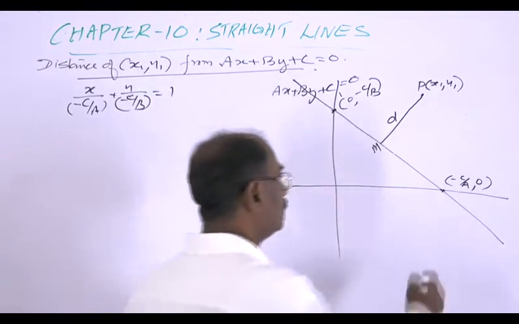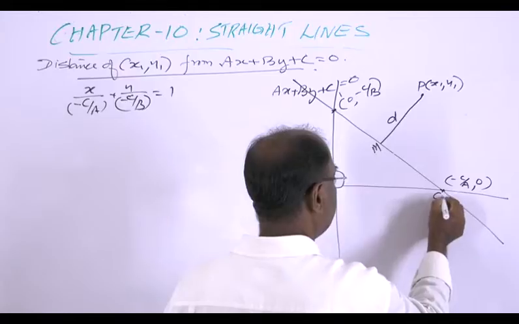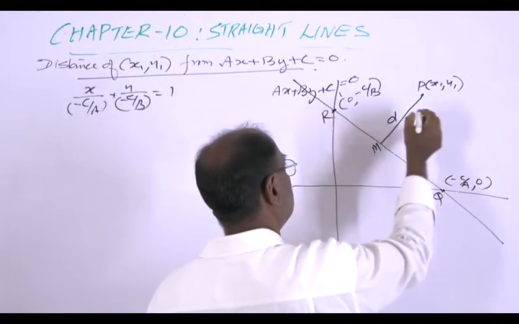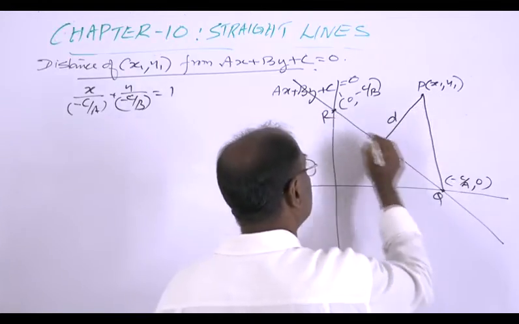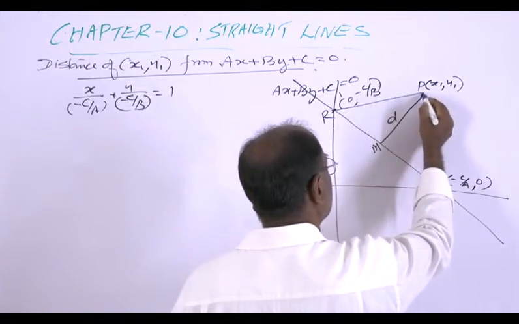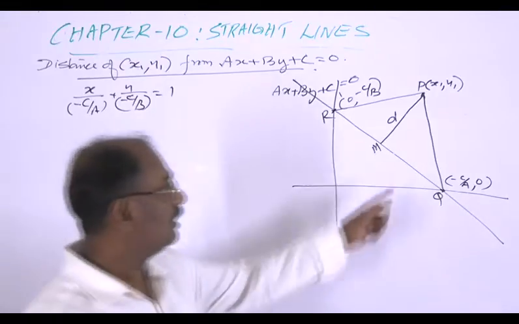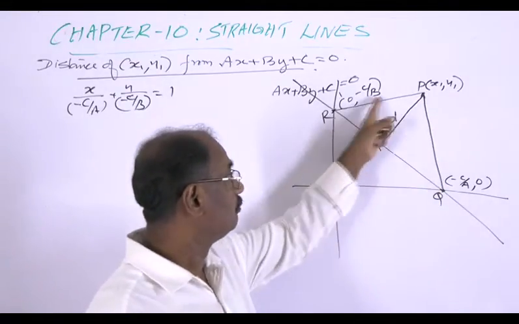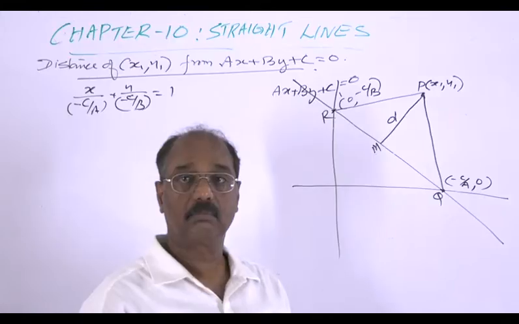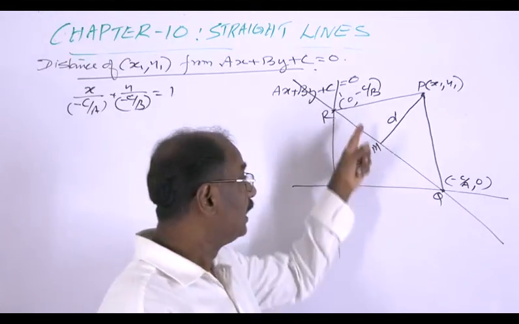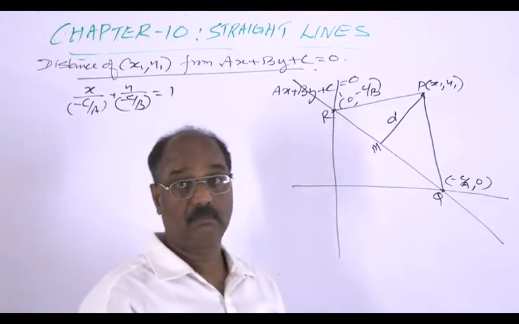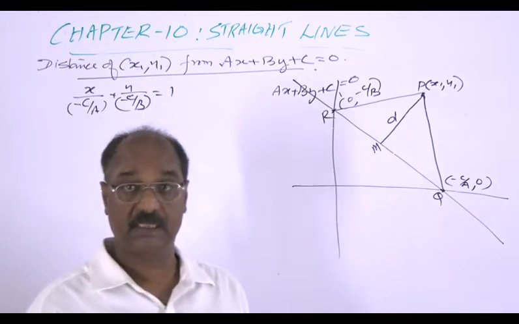Suppose this is the point Q and this is the point R. Join PQ and join PR. So here we get the triangle PQR. Now, the area of this triangle can be found in two ways.